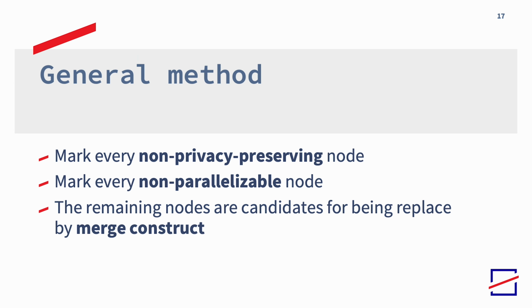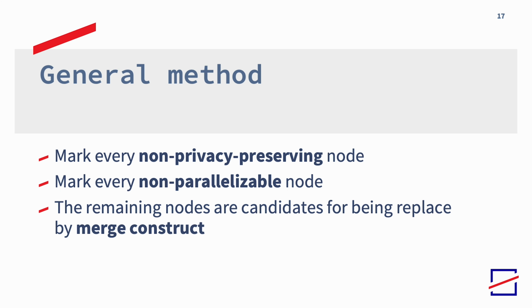This leads us to the following general method. First, we express our computation as a graph. Then we mark all the nodes that are not privacy preserving, and by that I mean all the nodes that if we were to merge them, we would violate the privacy condition.